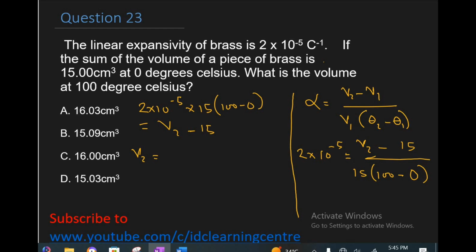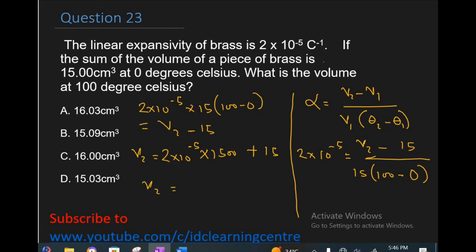So we're going to have 2 times 10 to the power minus 5 multiplied by 100 minus 0, which is 100. 100 times 15, that's 1500, then plus our V1, which is 15.